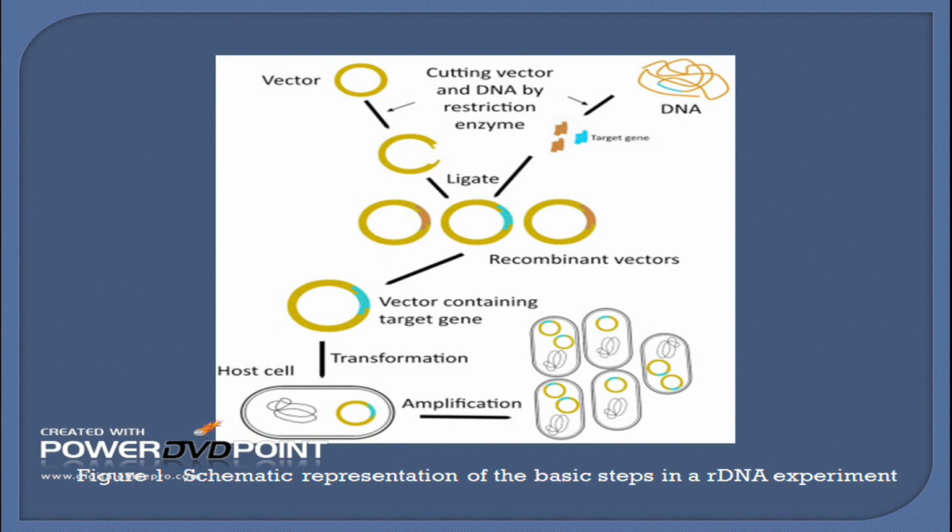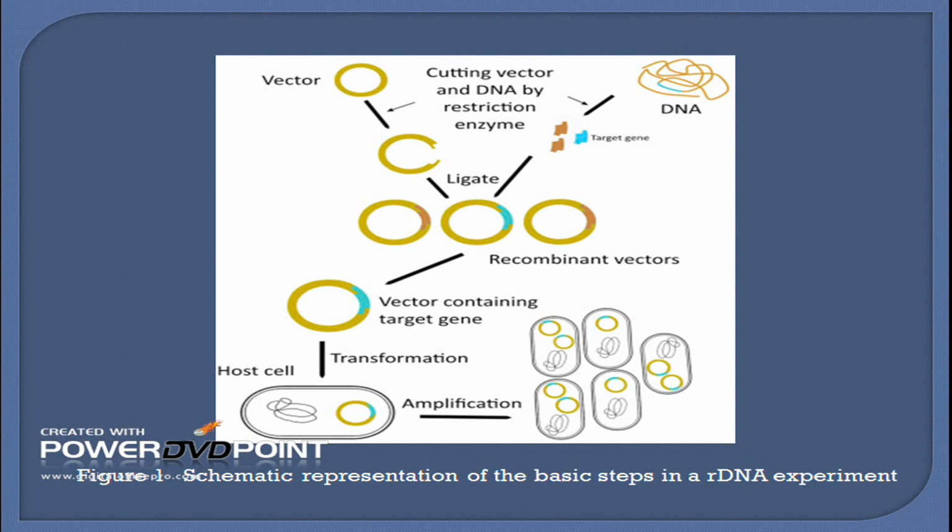So this can also be understood with the help of a diagram. This is the schematic representation of the basic steps in an rDNA experiment. You can see the vector DNA and the DNA in which our gene of interest is situated. Both these DNA are cut with the help of restriction enzyme.